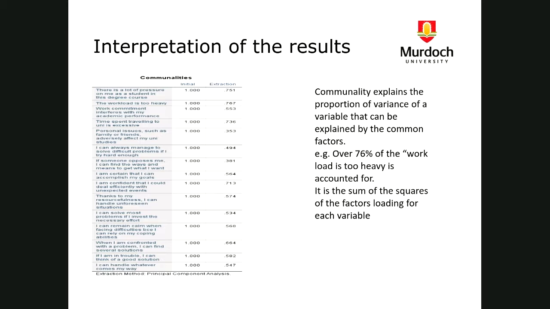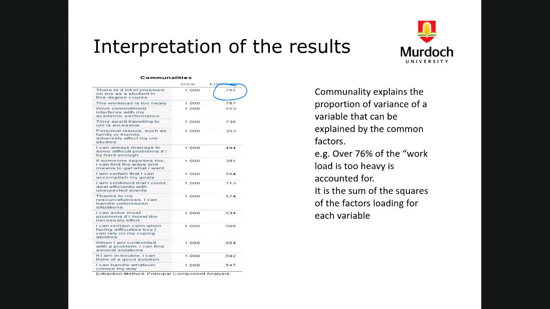Now here, this is called the communalities. The communalities table tells us how much each variable is correlated with the factor. We have a common factor or common factors.